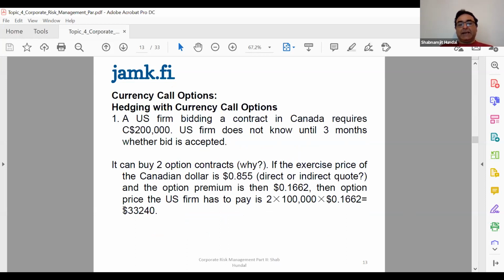So the maximum amount which the American company can lose if the option is out of the money is 33,240. That's a floor of loss. Not a ceiling, but the floor. The maximum loss you can have is 33,240 American dollars.